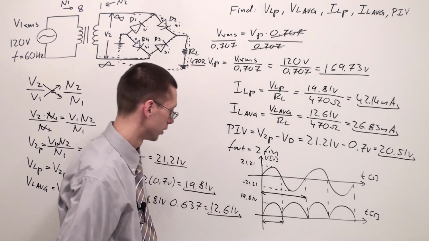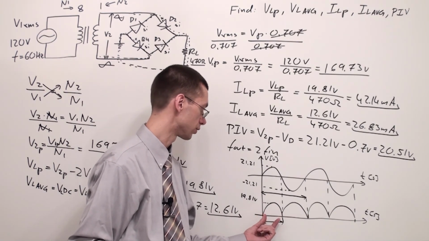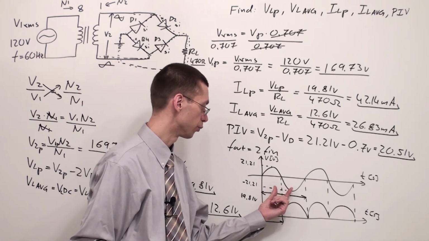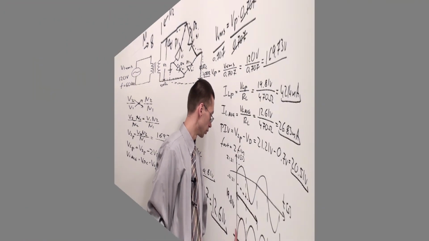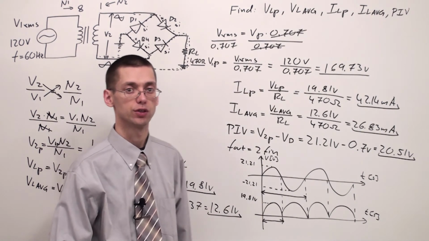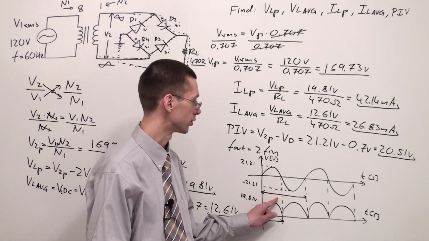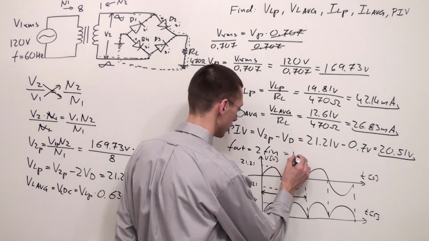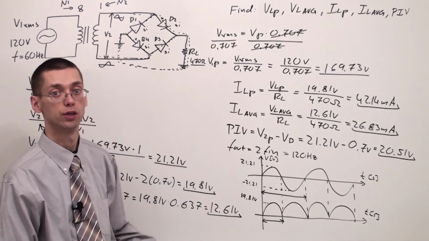It makes the output voltage twice as fast as the frequency of the input voltage to the rectifier. I mean, in this case, the secondary voltage. So the output voltage has a frequency twice that of the secondary voltage. That's why my F out is 2 times F in, and this is equal to 120 Hertz. And these are the solutions to my problem.